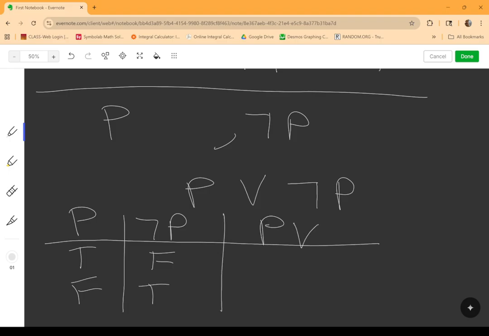So for P or not P, only one of those needs to be true. Here, P is true, so that statement is true. Not P is true, so this statement is true.